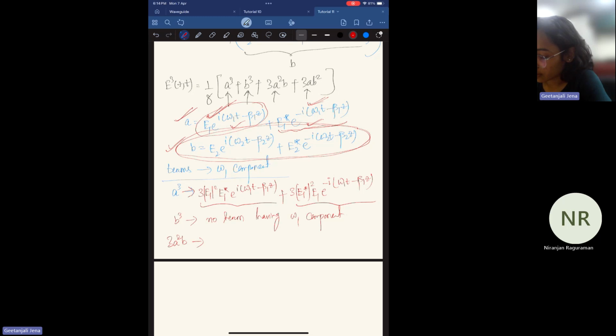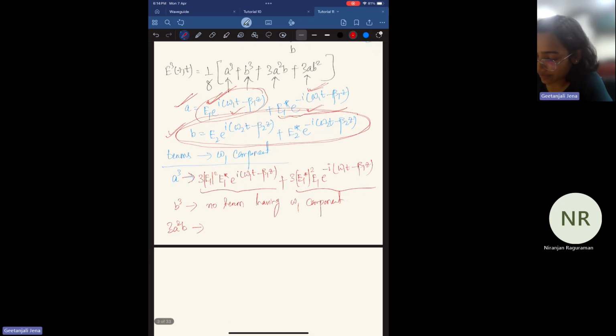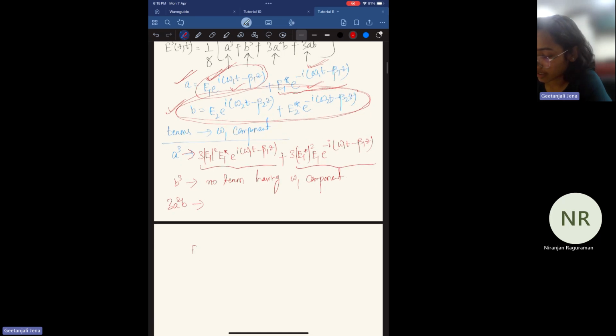If you take the A squared components like this, it will have terms with both ω1 and ω2, which we don't want, because it's 3A²B. So it is like E1 e^(i(ω1t − β1z)) plus E1* e^(−i(ω1t − β1z)).